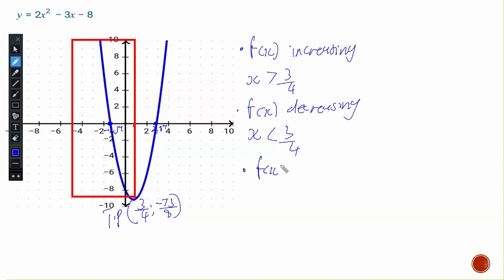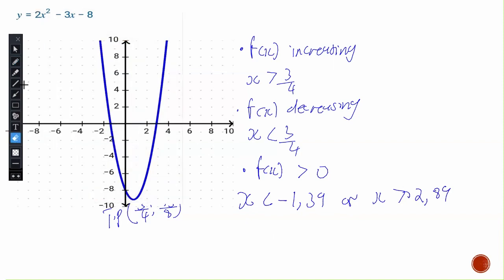So the reference is the axis of symmetry. Then where is f(x) greater than 0? Where is it above the x-axis? When x is less than negative 1.39, or when x is greater than 2.89. As we can see, the graph is above the x-axis at that point.